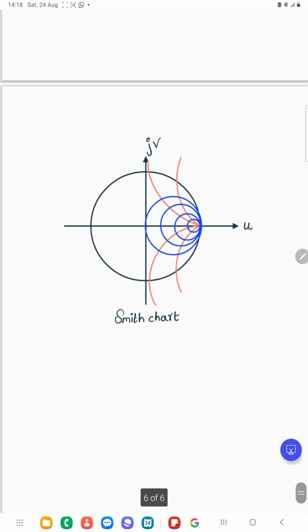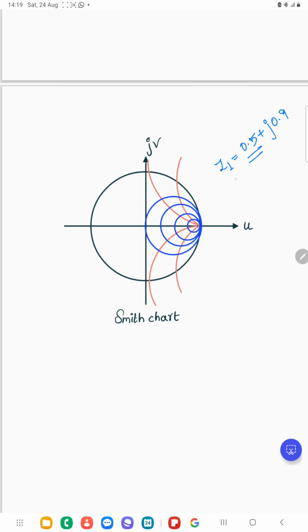This is the graphical representation of the Smith chart. These circles represent the resistance, and these lines represent the reactance part. If you have a load impedance, for example ZL equal to 0.5 plus j0.9, you have to mark the real part, which represents the resistance, in the resistance circles.